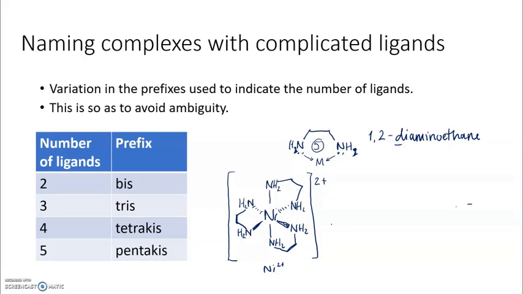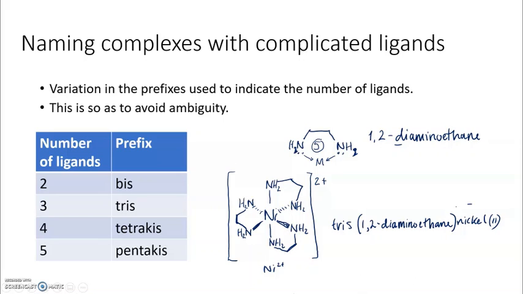Now, how do we name this? Well, we've got 3 lots of the 1,2-diaminoethane ligands, so this is going to be tris(1,2-diaminoethane)nickel(II).